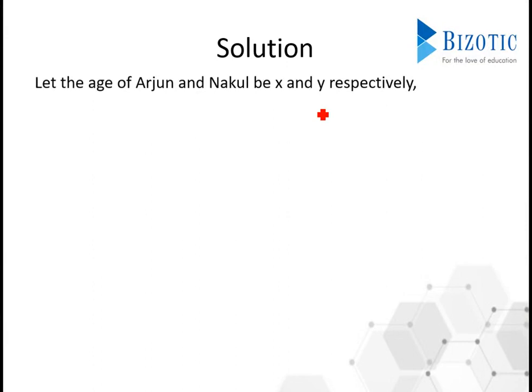So now let's get to the solution part of this. Let's consider Arjun and Nakul's ages as x and y respectively, and from the question we know the product of their ages is equal to 540. Next, you will get an equation, which is twice the age of Arjun is equal to Nakul's age plus 6. With this equation you can reduce it to any of the values.